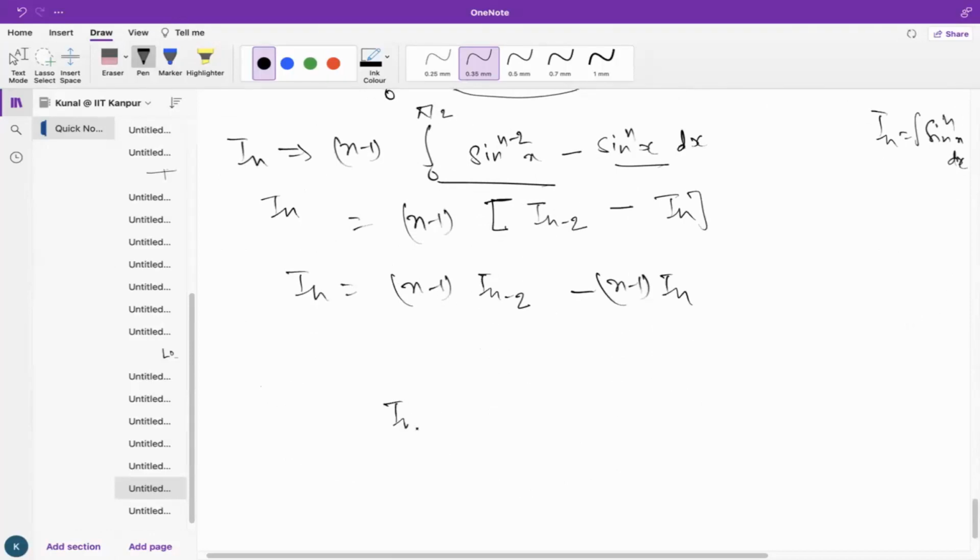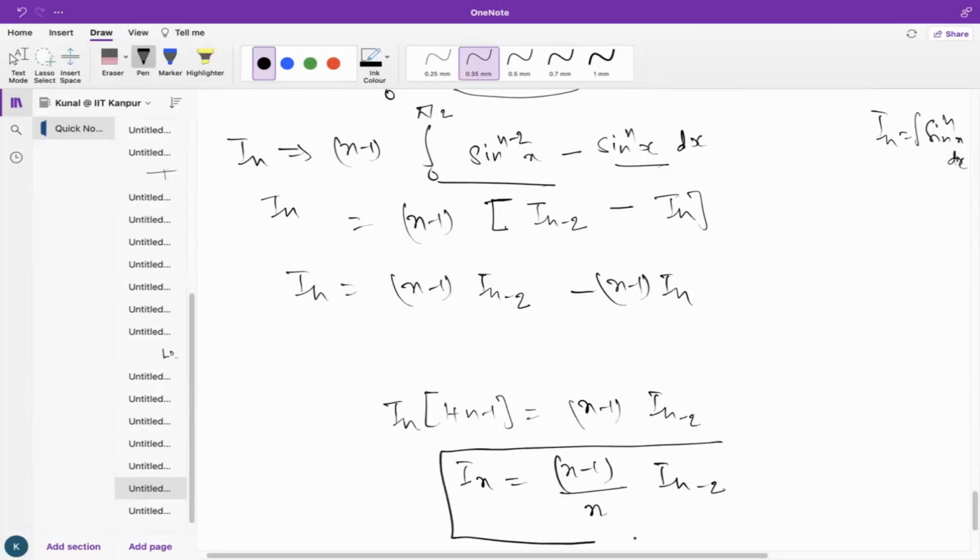So we get In, and 1 plus n minus 1 is equal to n minus 1 times I n minus 2. So we get In is equal to n minus 1 by n times I n minus 2. This is our final reduction formula.